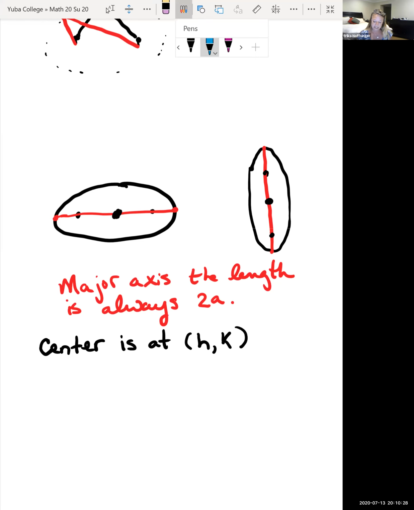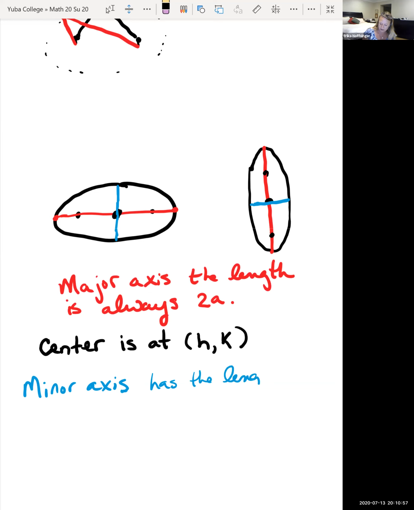The minor axis is the axis that goes through the center. So the minor axis. So it's always the smaller one of the ellipse, of the major and the minor axis always has the length to be.